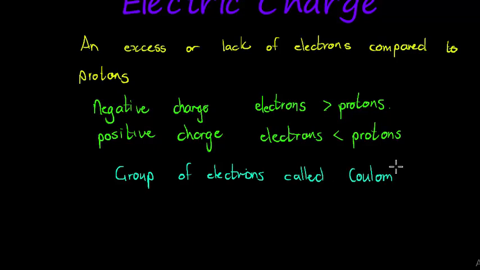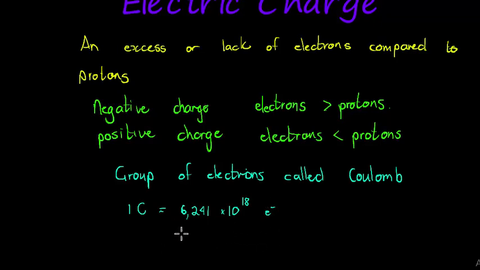Now, Coulomb is just a quantity. It is a collective name for 6,241 times 10 to the power of 18. Okay, so 1 Coulomb, and we use the capital C to represent 1 Coulomb, is this many electrons.